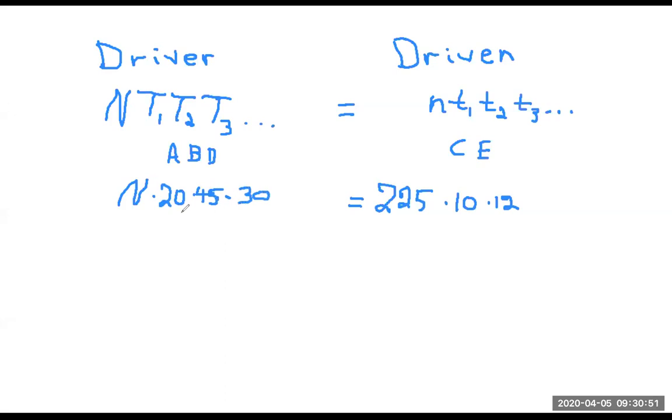Okay, so we divide. Divide all these numbers out and put them over here. So we have 20 and 45 and 30. And then you run the numbers to get the RPM. So N is going to end up being 45 RPM.